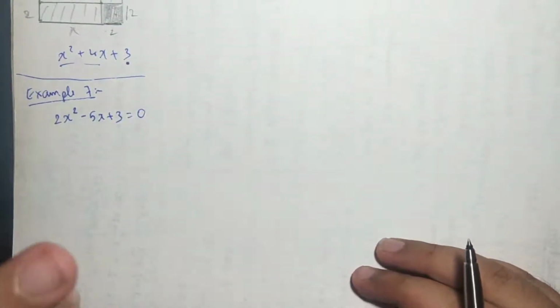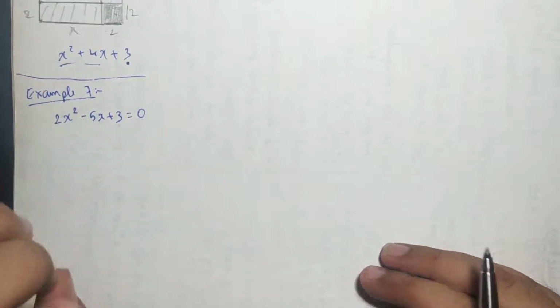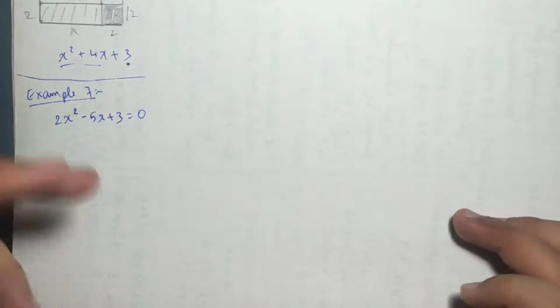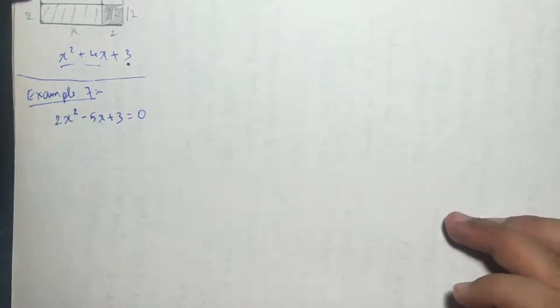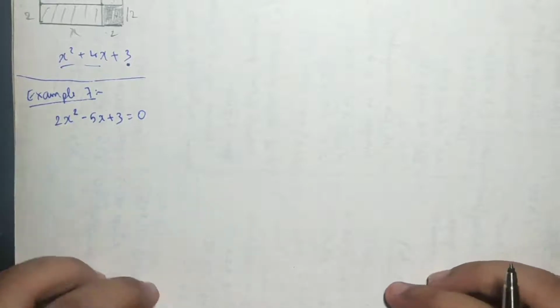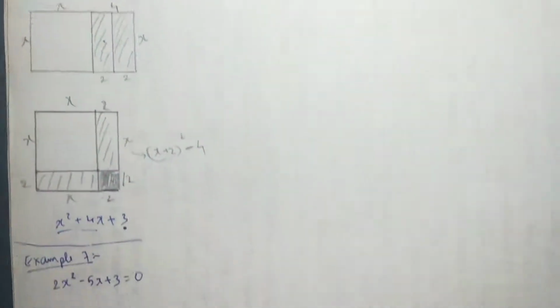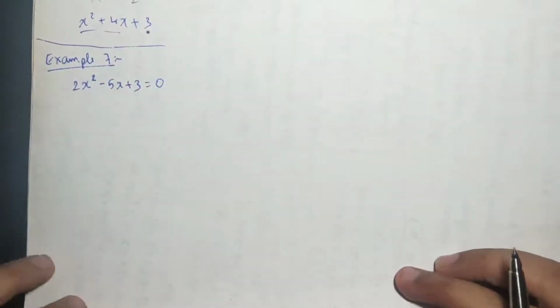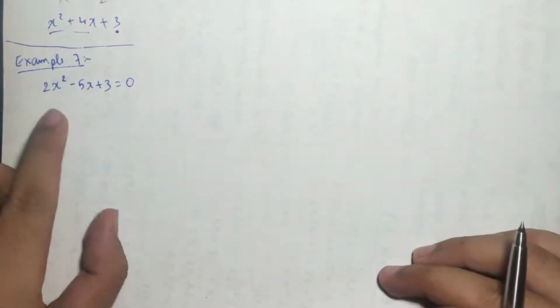First step, see, I am showing you the trick how to do it. Don't ask why we did it, because we have already explained over here why the two terms can be taken as square of something minus something. We have already explained that. So don't ask me why, but understand the trick how to solve this.